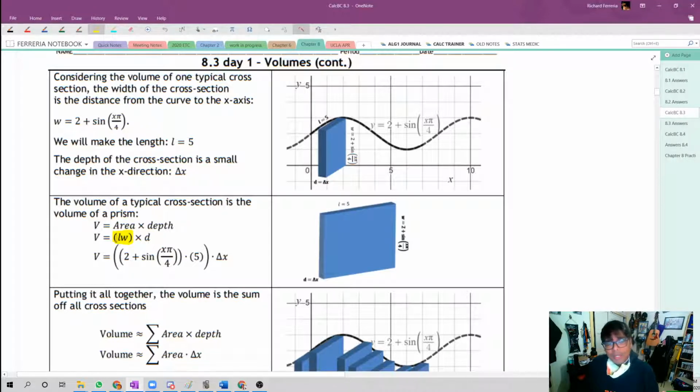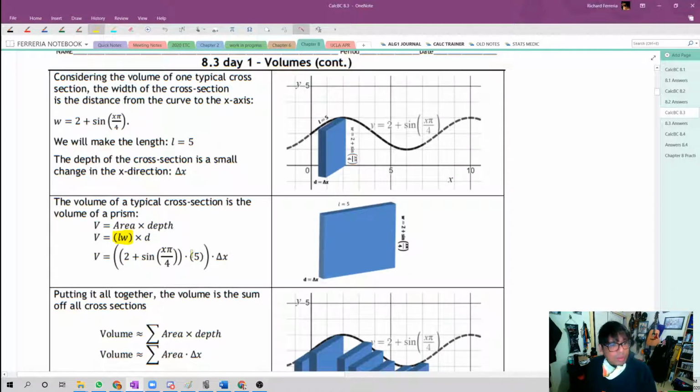Part of what makes this section difficult for students is that this area formula is different for every problem that you do. Sometimes you'll get a rectangle, sometimes a triangle, sometimes a circle, sometimes a semicircle. It really just depends.